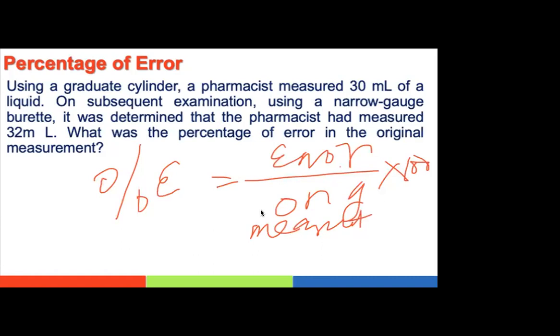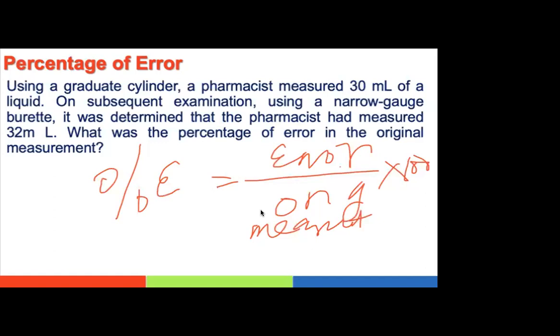What is the actual measurement? What is the actual measurement of the pharmacist? Is it 30 or 32? 30 is the original measurement. Okay. Get the difference of the original or theoretical measurement and the actual measurement in the other glassware. Okay? So, absolute value.